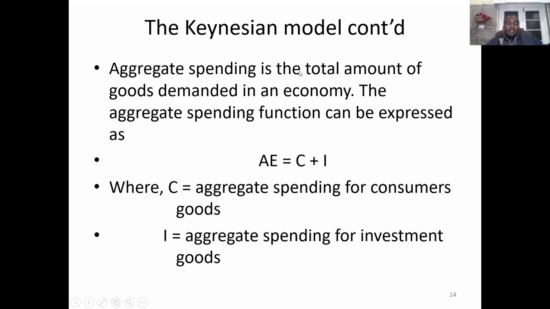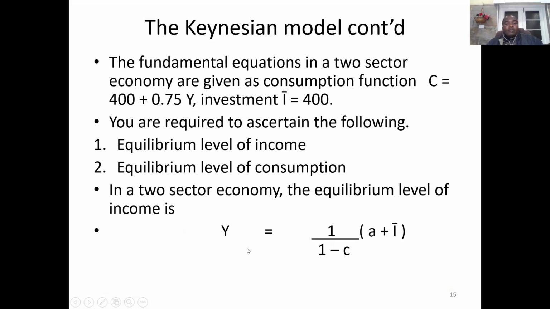So aggregate spending is the total amount of goods demanded in an economy by all the people who demand output. The aggregate expenditure function can be expressed as follows. AE is equal to C plus I, where capital letter C stands for aggregate expenditure for consumer goods, and I stands for aggregate expenditure for capital or investment goods.